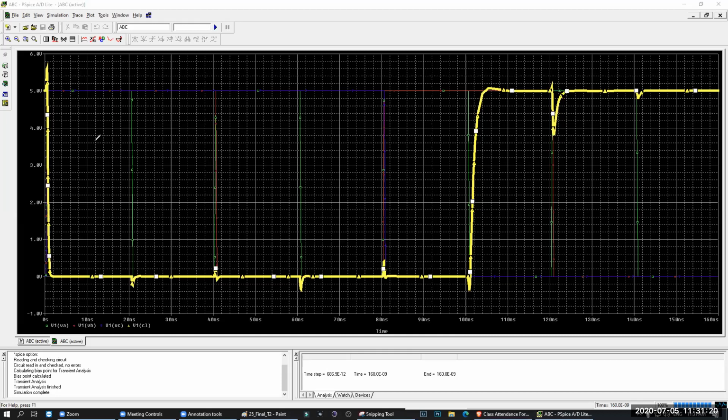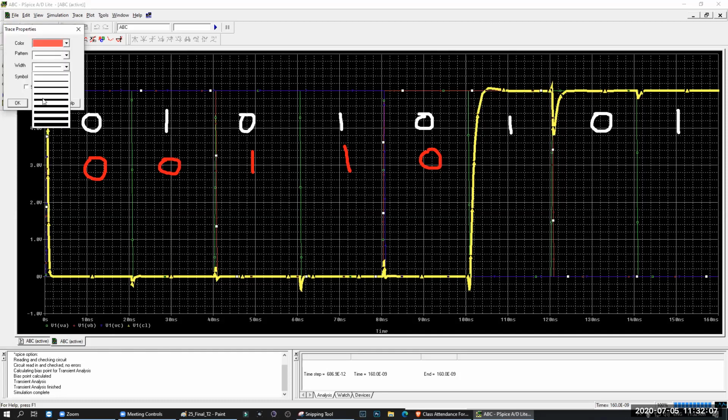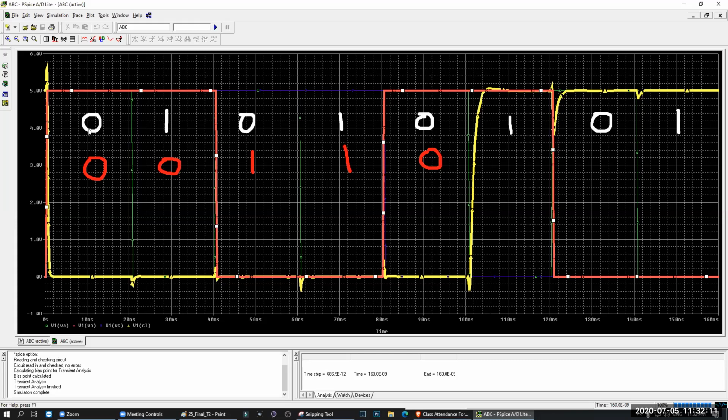So for A, 0, 1, 0, 1, 0, 1, 0, 1. For B, with a different color, 0, 0, 1, 1, no, maybe. I made a mistake. At first, they start with 1, not 0.